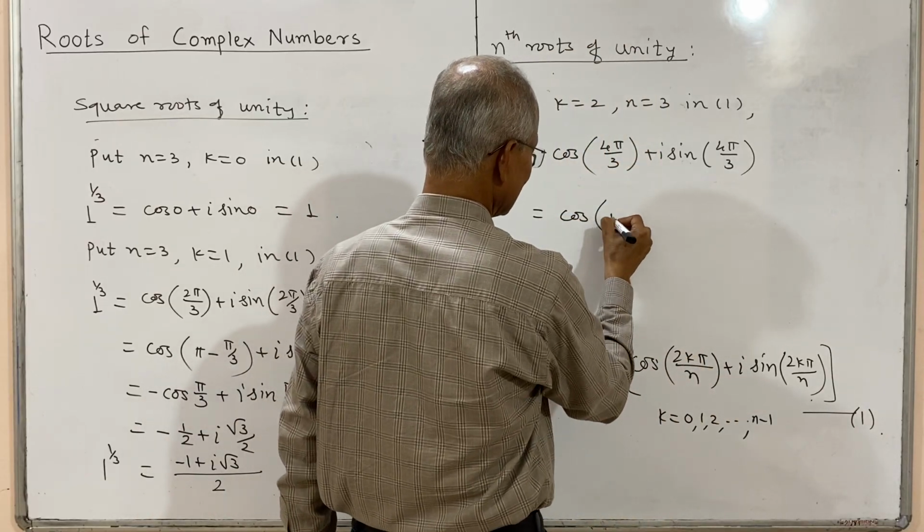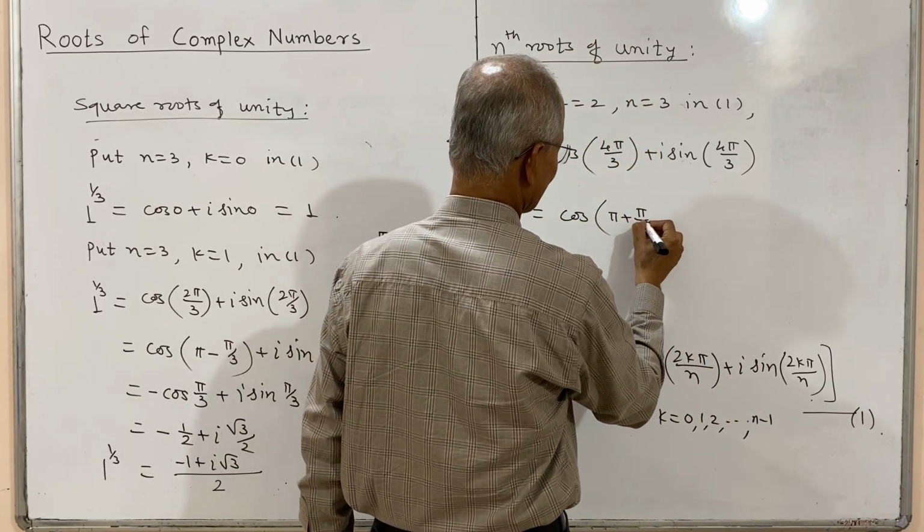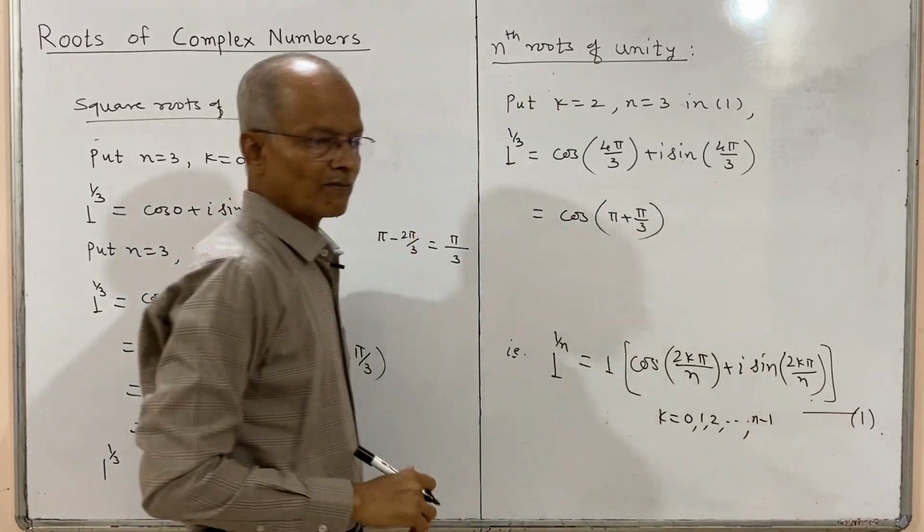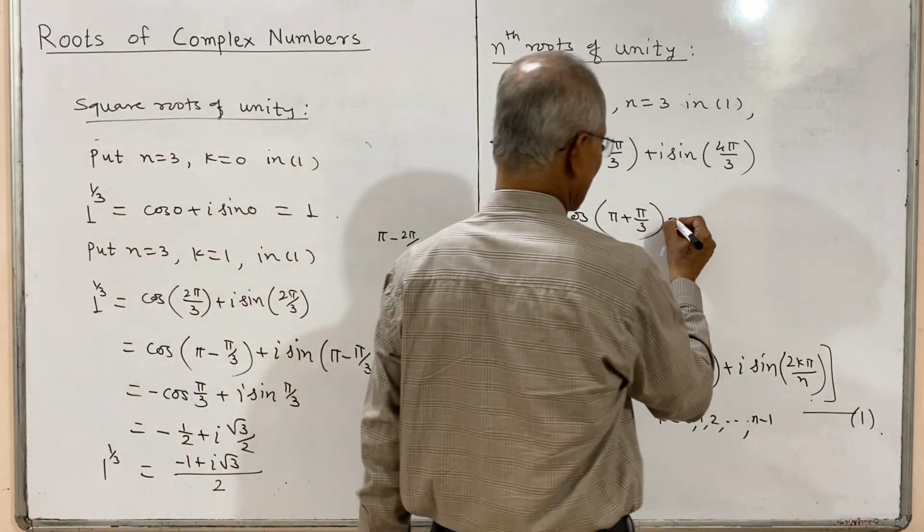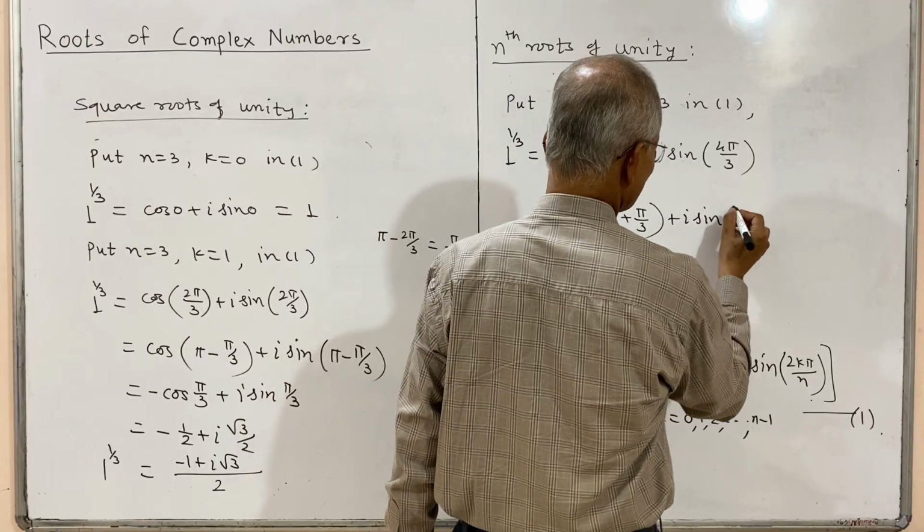Now 4 pi by 3 is written as pi plus pi by 3. Check it. And plus i sin pi plus pi by 3.